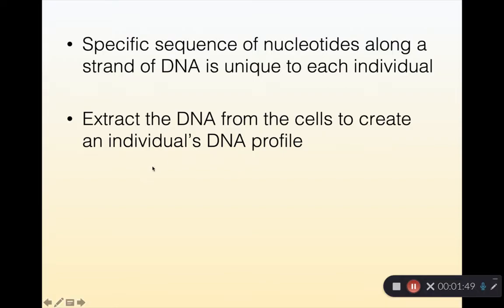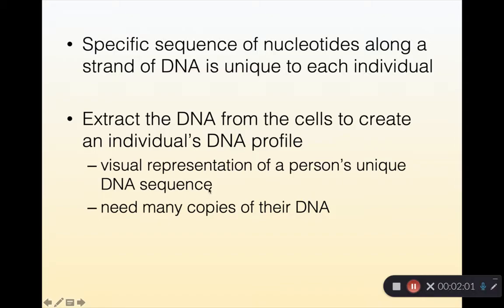We can extract DNA from cells to create an individual's DNA profile, a visual representation of a person's DNA sequence. To get this whole profile and genome, you sometimes need many copies of their DNA. Knowing these two facts, how do biologists make use of this information to understand the unique identity of an individual using DNA?